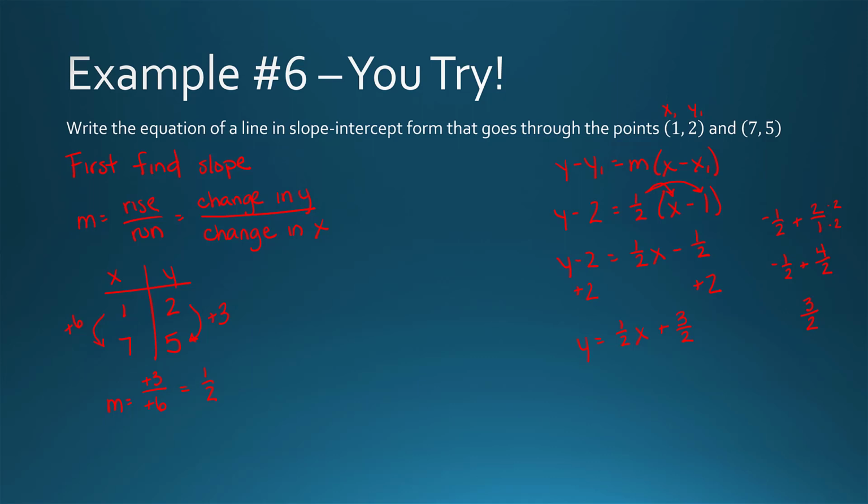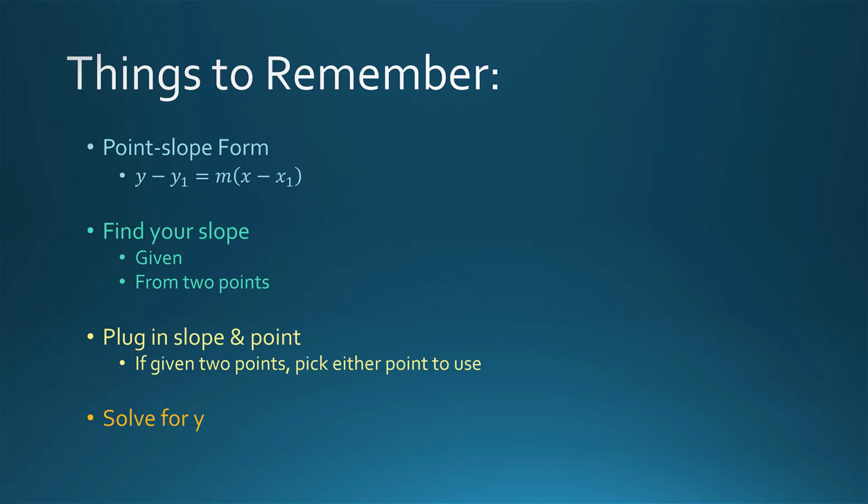And this here would be my equation. When we're writing equations, we're going to be using point-slope form. And so to do that, you need to first find your slope. Either it's going to be given to you and it will tell you that here's your slope, or you're going to need to find that slope from 2 points. Okay.